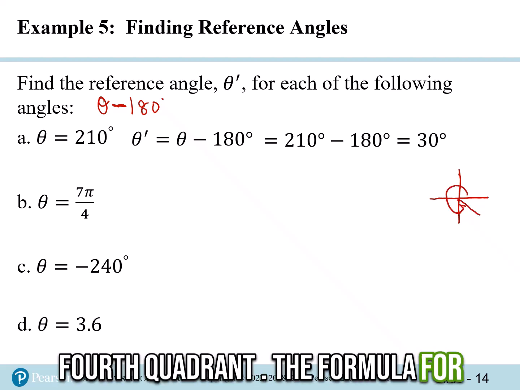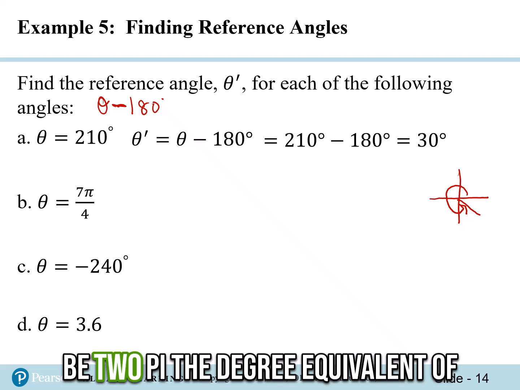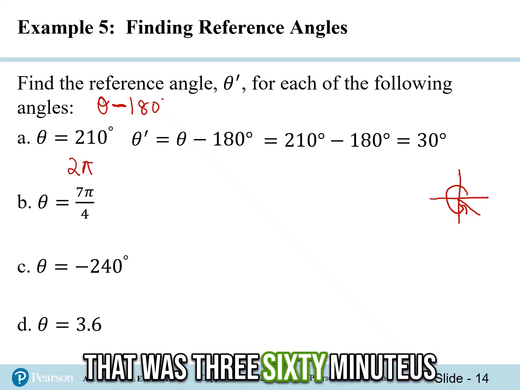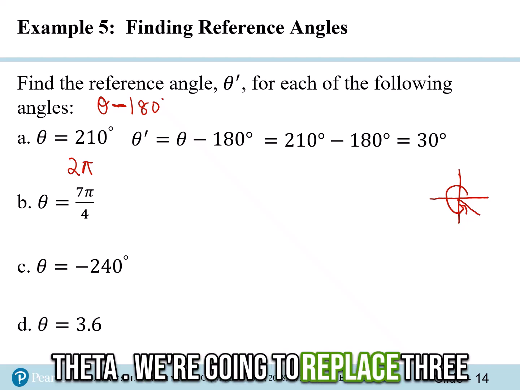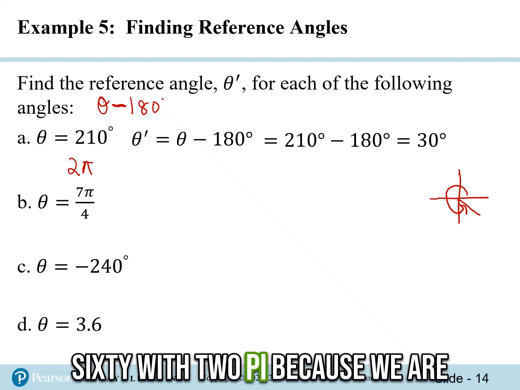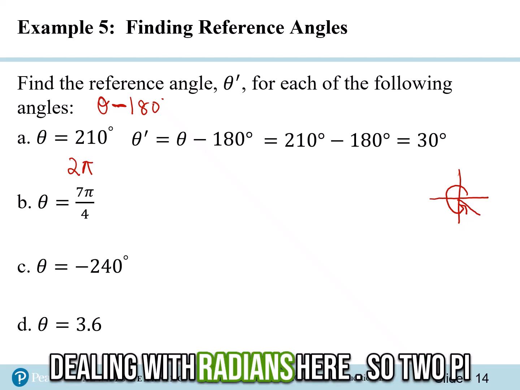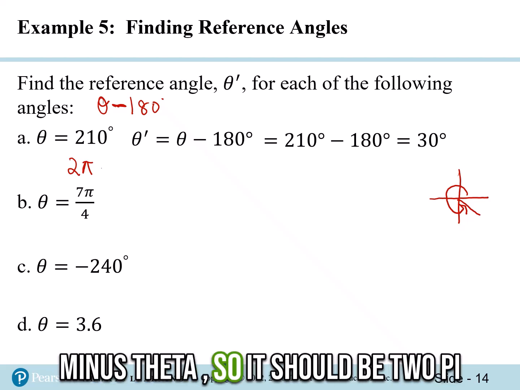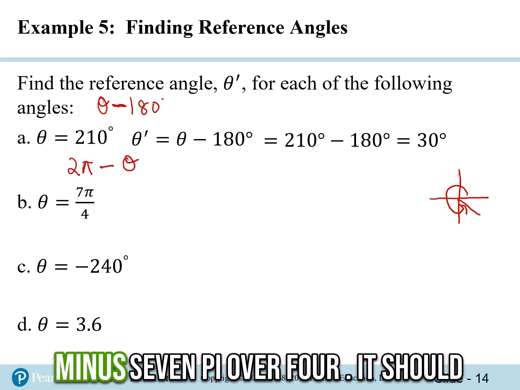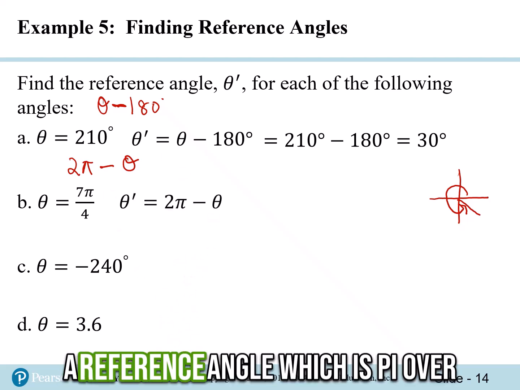The degree equivalent of the formula was 360 minus theta. We're going to replace 360 with 2 pi because we are dealing with radians here. So 2 pi minus theta, so it should be 2 pi minus 7 pi over 4. It should give us a reference angle which is pi over 4.